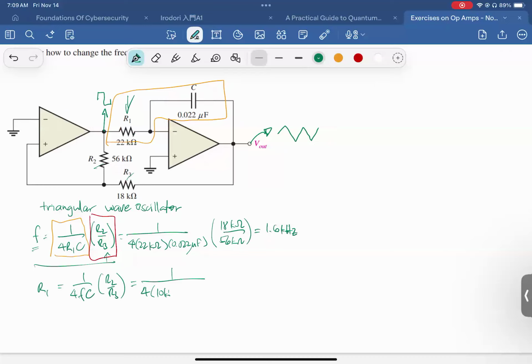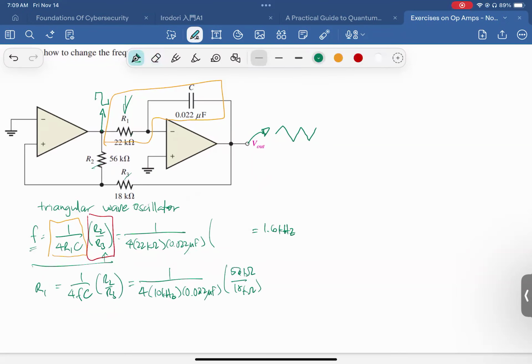So, 10 kilohertz, and then yung capacitance sa 0.022 microfarads times R2, which is 56 kilo ohms over 18 kilo ohms. Baliktad pala to. R2 is 56 kilo ohms, and then R3 is 18 kilo ohms. So R1 should then be 35 kilo ohms para mabago natin yung frequency of oscillation.